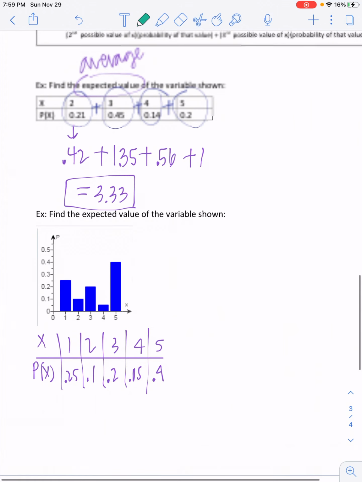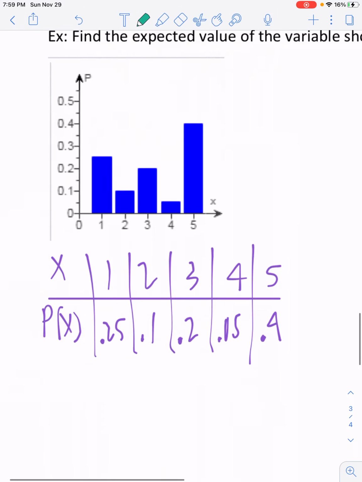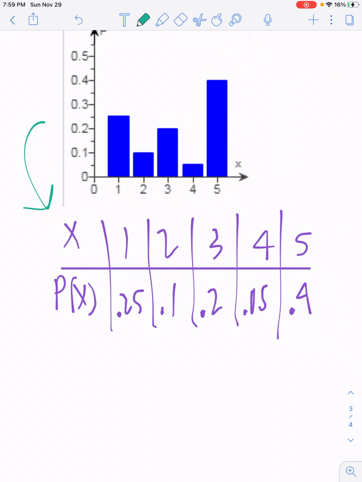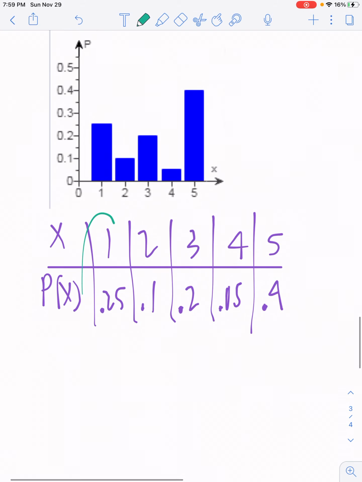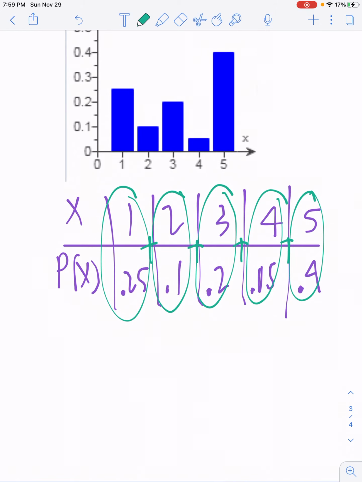It's the same thing. I just made it look the same from this graph. And here we go. Multiply, add, multiply, add, multiply, add, multiply, add, multiply. And so when we multiply these, that's what I get.